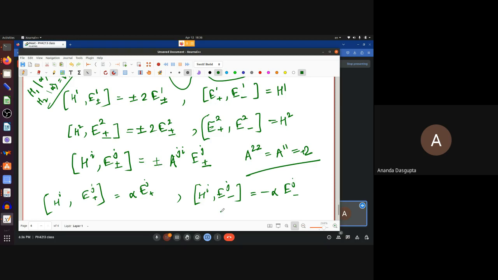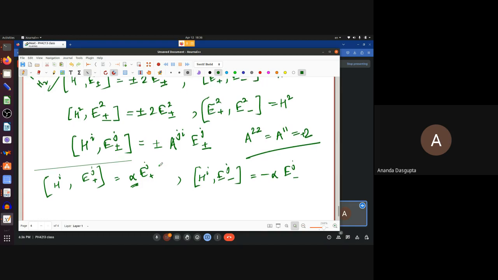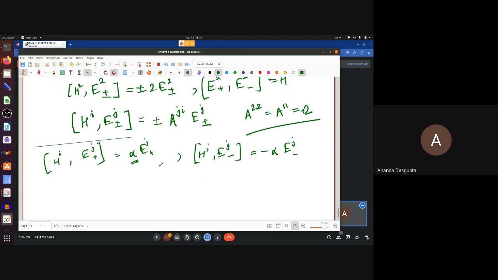The plus minus sign here tells you that. Clear? If this number is alpha, which means AJI is alpha, then this number is minus alpha. We have already built that into our notation. Is that clear? Which is why I said instead of 8, you have only 4. Did you understand what I'm saying?